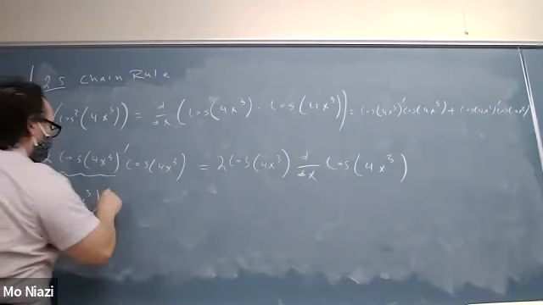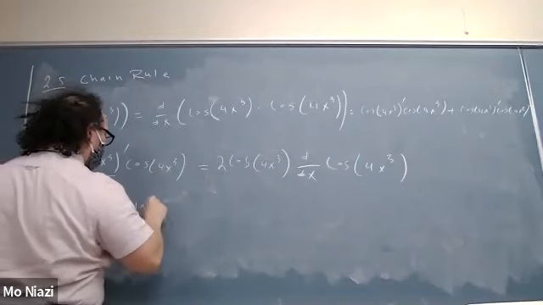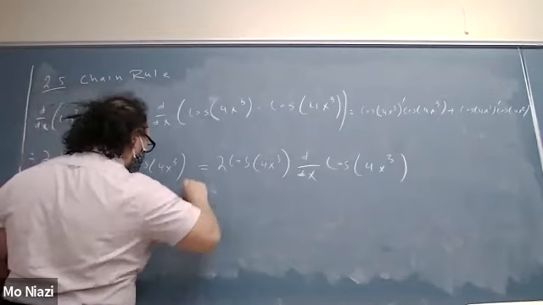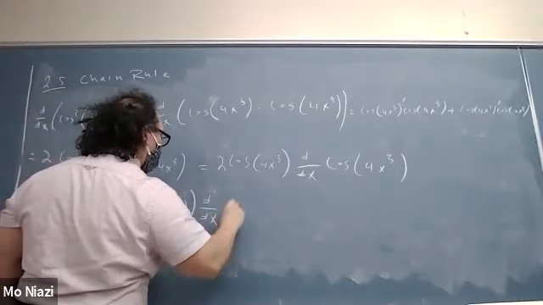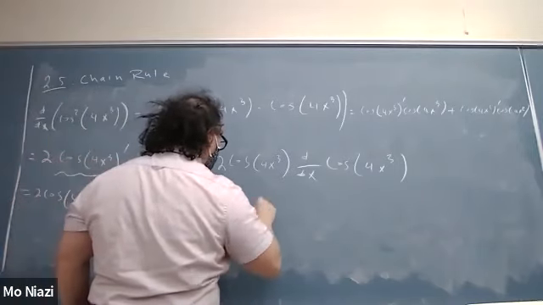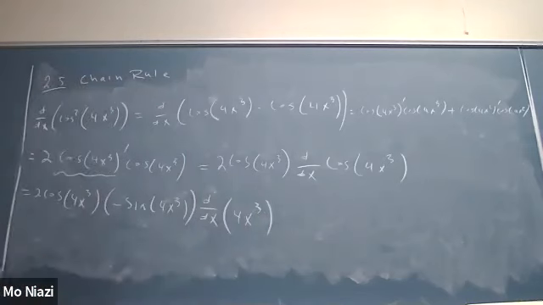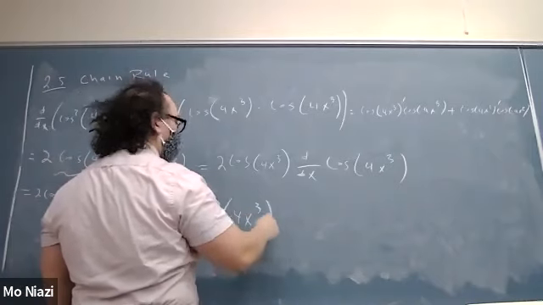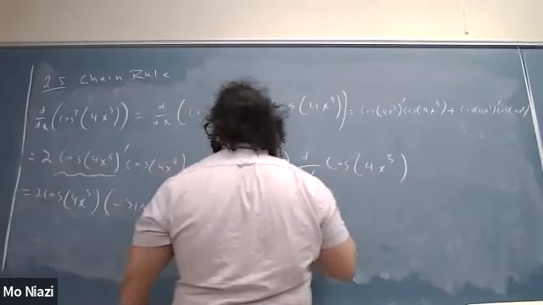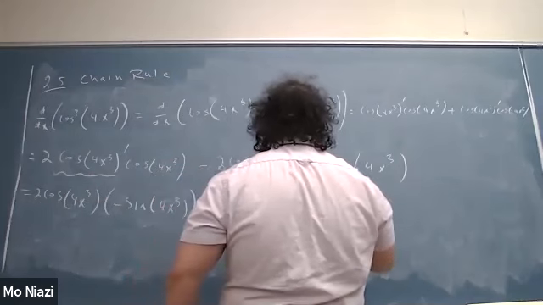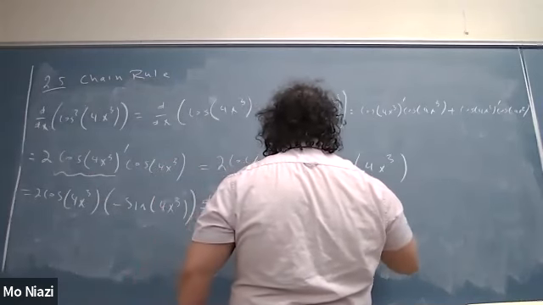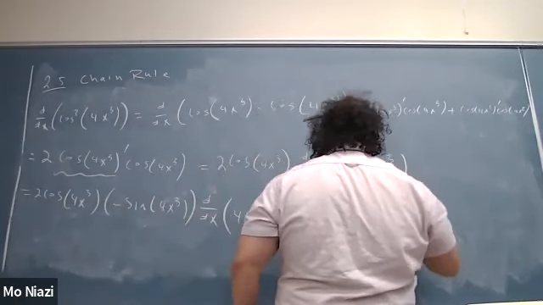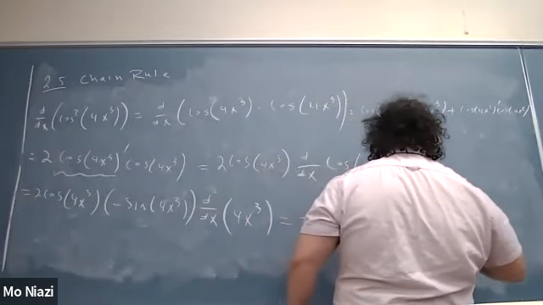The derivative of cosine is negative sine, times negative sine of 4x cubed. Don't forget ddx of the inside function. So let's rewrite everything. This becomes a minus 2 cosine of 4x cubed sine of 4x cubed.